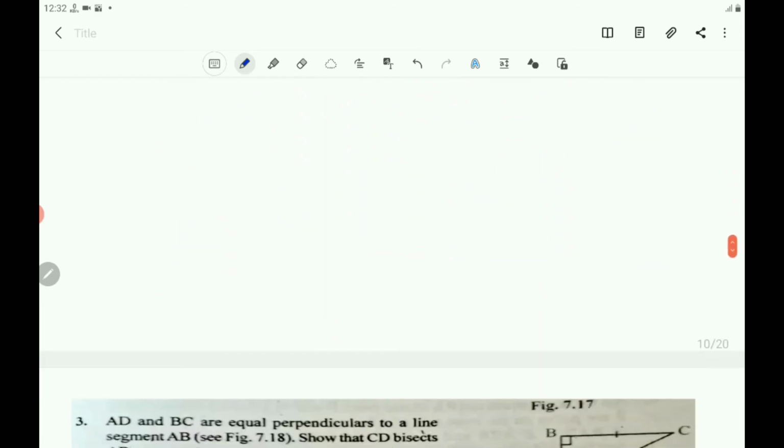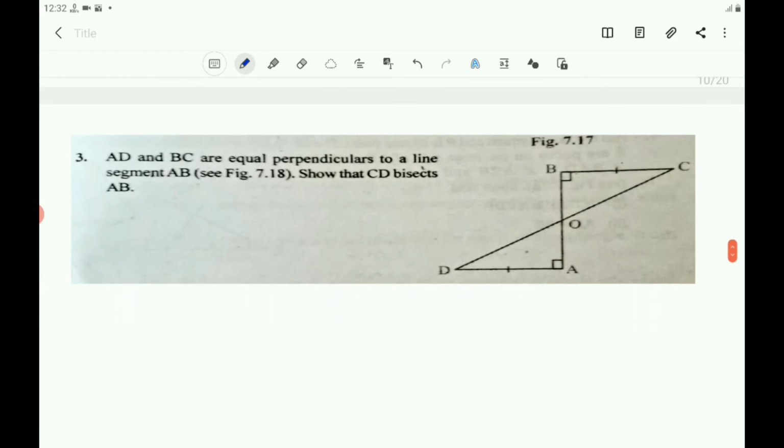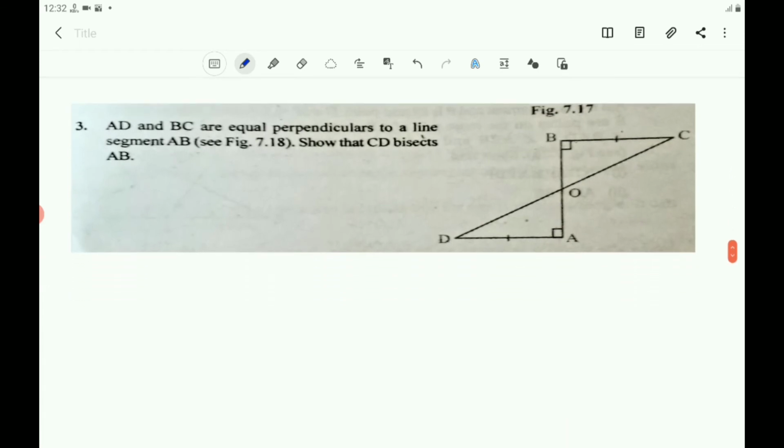Then the next question, third question: AD and BC are equal perpendiculars to a line segment AB in the figure. Show that CD bisects AB. Where is CD? This is the line CD.